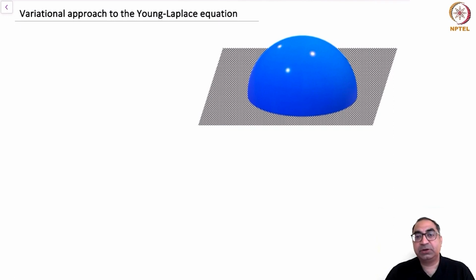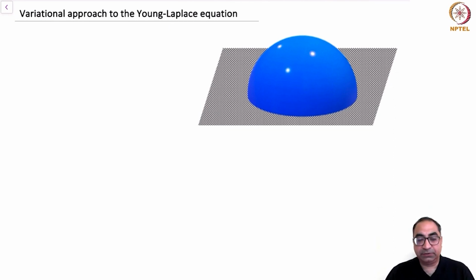But the goal here is not to determine the shape of the meniscus, but to just derive an equation for the shape of the droplet. Not the meniscus, the shape of the droplet. And in the process, we will derive the fundamental equations of capillarity, that is the Young's law and the Laplace law, in one go.